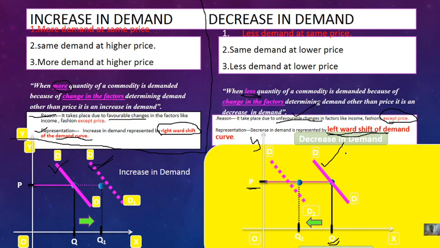The dotted line demand curve shows the decrease in demand. Here rightward shift is increase, leftward shift is decrease.